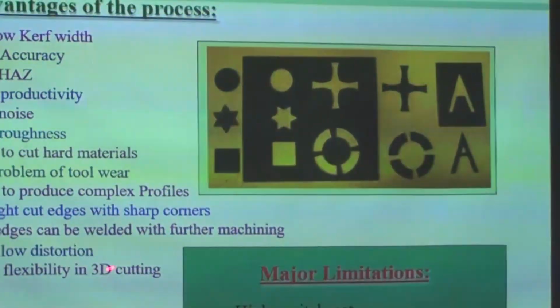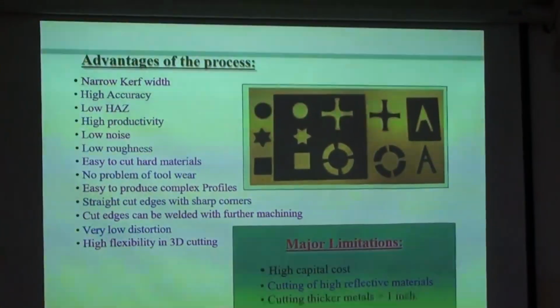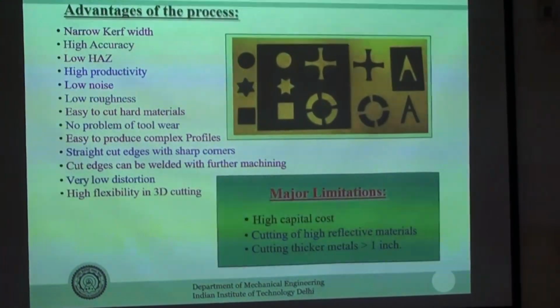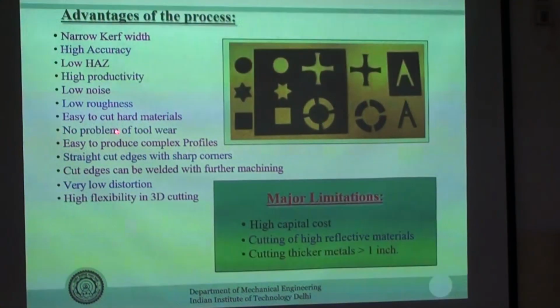These are the advantages: low kerf width, high accuracy, low heat affected zone, very high productivity, and you do not need any sound barrier chamber. It is very easy to cut hard materials. Since no physical tooling is involved, there is no wear and tear of the tool. You just need to maintain the laser, the lenses, and a clean environment good enough for good productivity. You can integrate with a CNC and software and cut complex profiles.